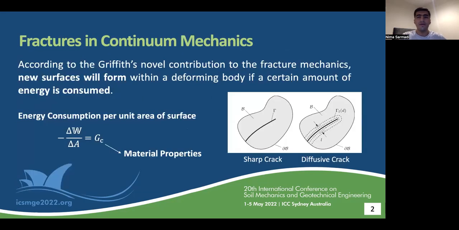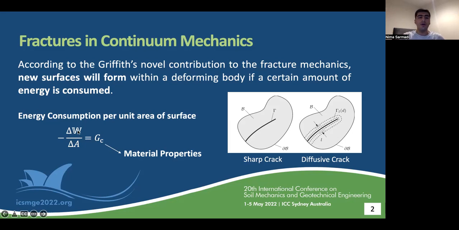The idea of the phase field method to model fractures is to consider the sharp crack discontinuities as diffusive regions over a solid continuous mesh. According to Griffith's novel contribution to fracture mechanics, new surfaces within a deforming body can potentially form if a certain amount of energy is consumed to create new surfaces.